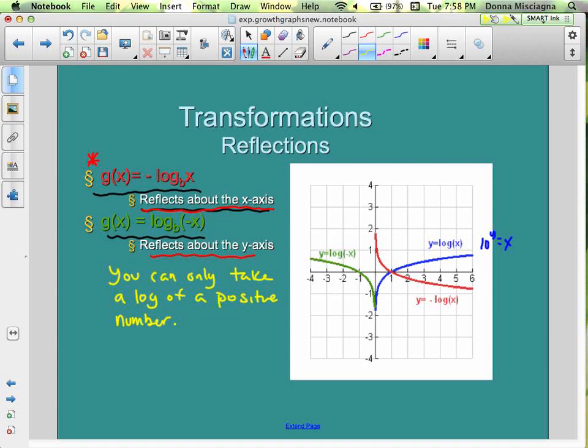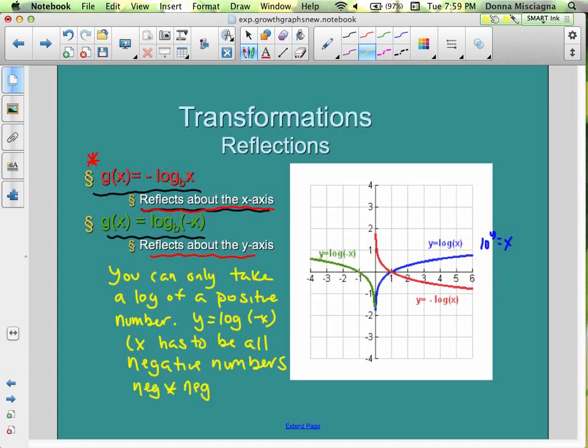So if you've got y equals log of negative x, x has to be all negative numbers, because a negative times a negative is a positive. So here you can only plug in negative numbers.